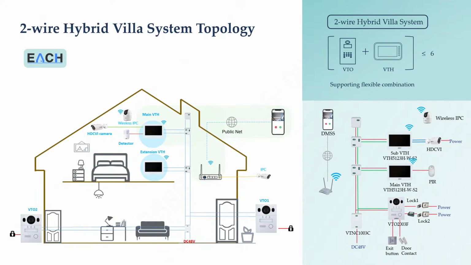In the two-wire hybrid solution, the VTH can connect to an HDCVI camera, so the VTH can play the live view of your HDCVI cameras. So you also have this kind of camera picture solution. The maximum number in the villa solution, VTO and VTH summarized, is 6, which is quite enough in the case of a villa.